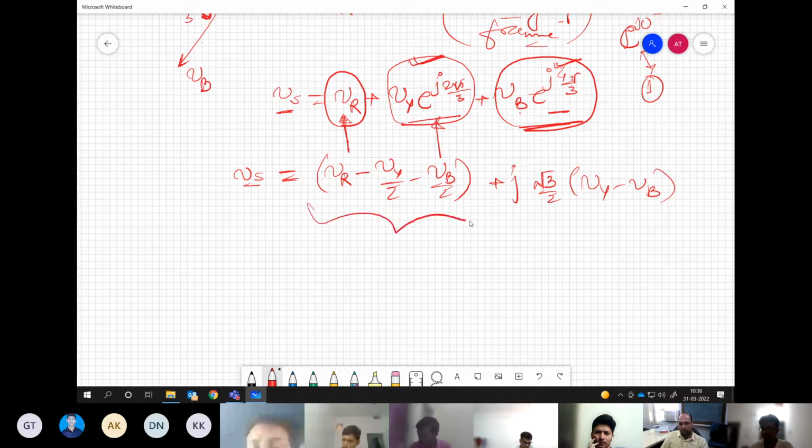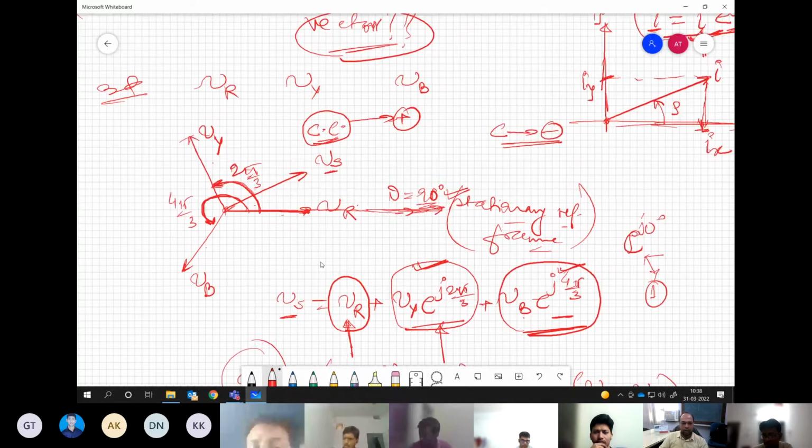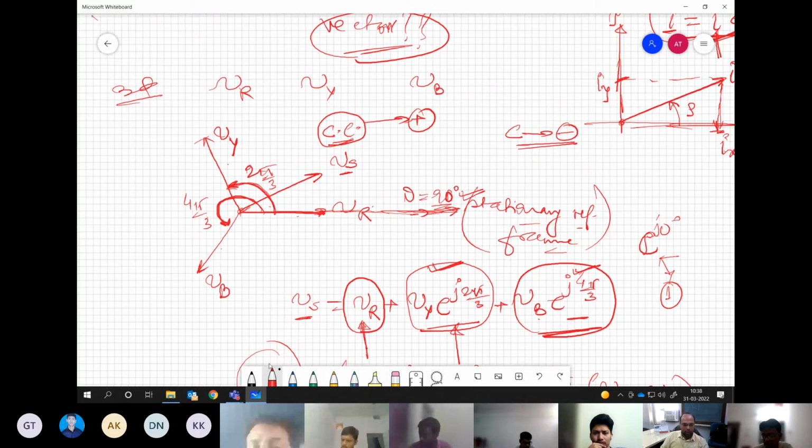So these are two different components of this voltage vector V, which are orthogonal. Orthogonal means these two would not interact with each other. One is the real component, another is the imaginary component. These orthogonal components are projections of this voltage vector on these axes.